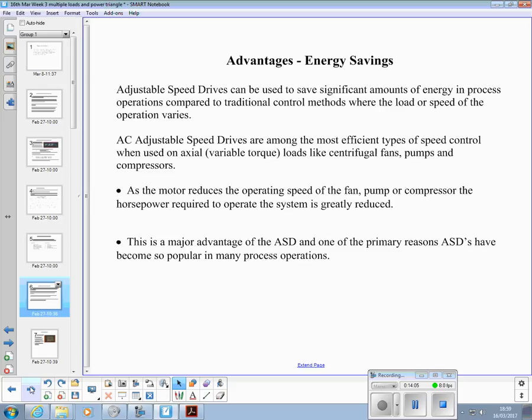So if you want a pump to give you a variable or controlled flow rate, this type of drive is a good way to do that because they're particularly good with that type of load. As the motor reduces the operating speed of the fan, pump, or compressor, the horsepower required to operate the system is greatly reduced. So you're reducing the amount of energy you need to do what you're trying to do. That's a major advantage of the ASD and one of the primary reasons why they're popular.